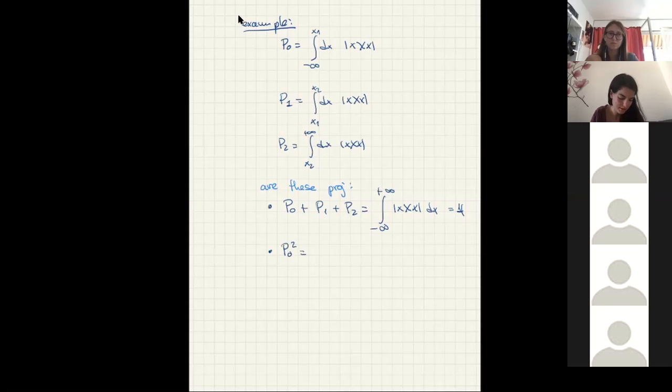That's the integral from minus infinity to x1 of dx |x><x| times the integral to x1 of dx' |x'><x'|.